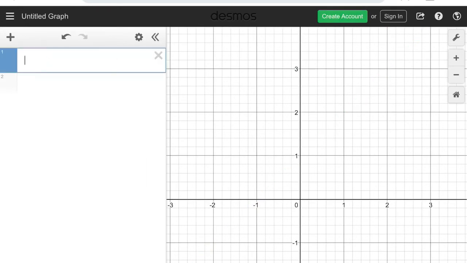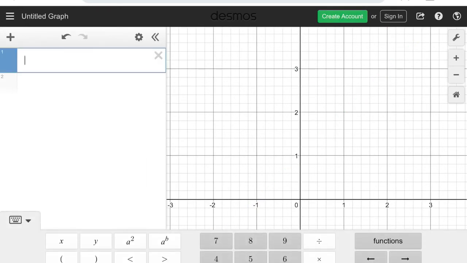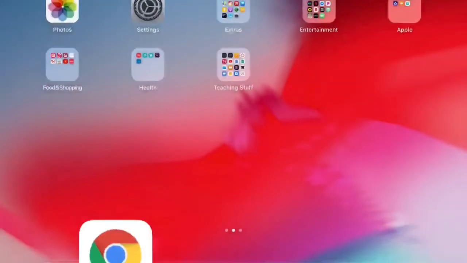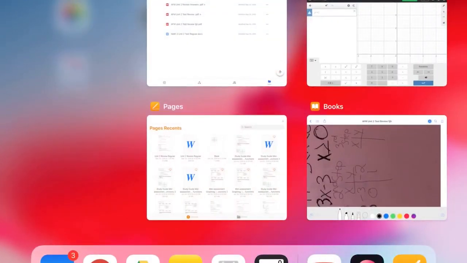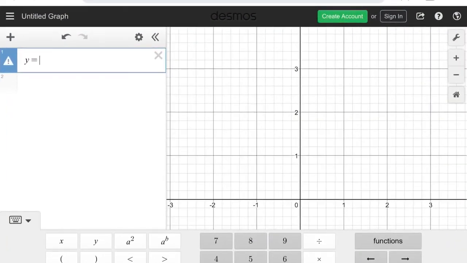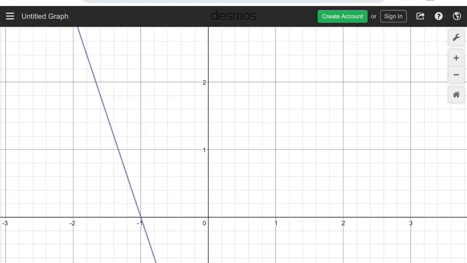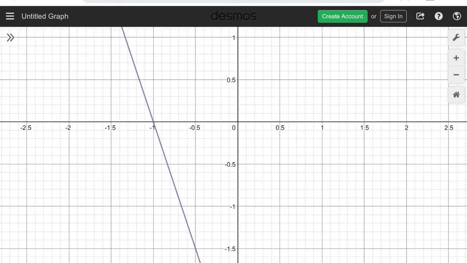So we're going to clear out what we had, and we're going to type in our new equation, y equals, what was it? Negative 3x, okay. Negative 3x minus 3. So there is our graph.